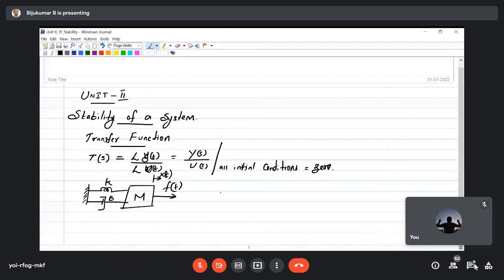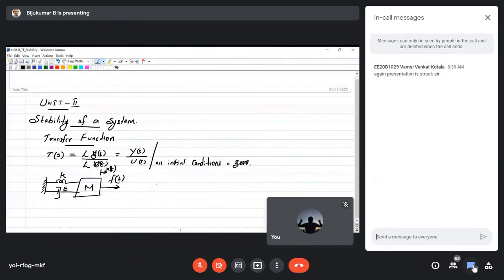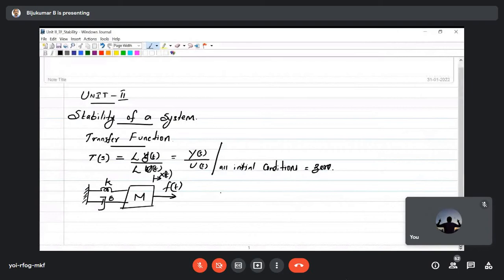The transfer function has a numerator polynomial as well as a denominator polynomial. So in general, we can write a naught.